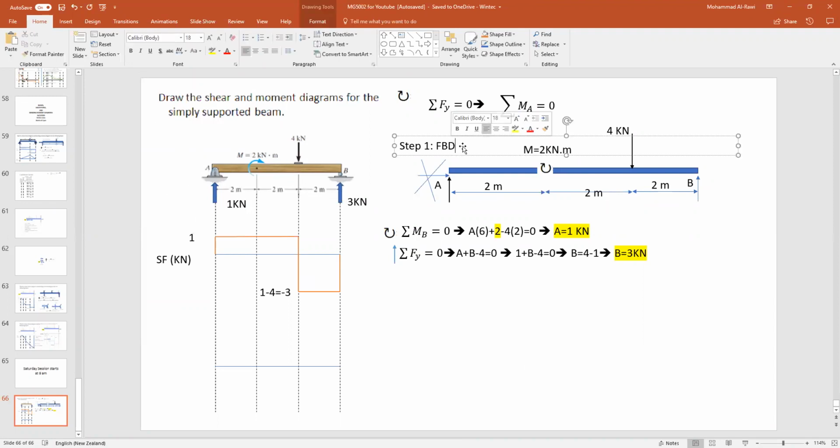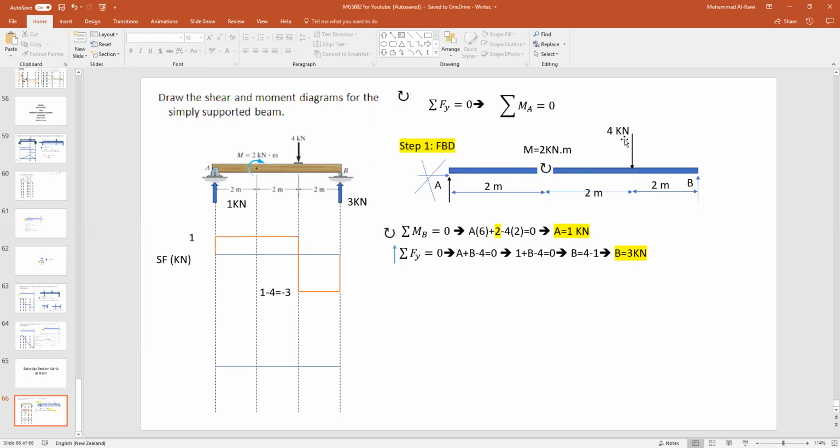Step 1, we always say sketch the free body diagram. And when we sketch the free body diagram, we convert whatever is at the supports. At the hinge, we have a vertical force and a horizontal force. And at the roller, we have only a vertical force. We have a moment of 2 kilonewton meters at 2 meters from the left.